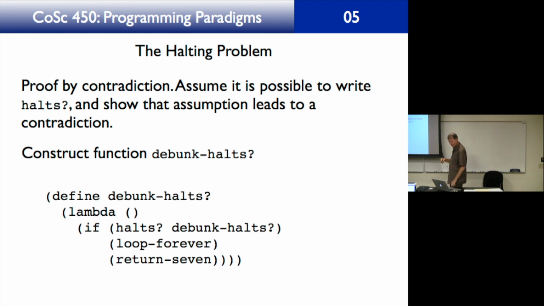Okay, so we construct function debunk halts, and here it is. This you have to be able to write. So define debunk halts, lambda, so no parameters, and it's just one if statement. If halts debunk halts, call loop forever, otherwise call return 7. Or I should say return loop forever, or otherwise return 7.